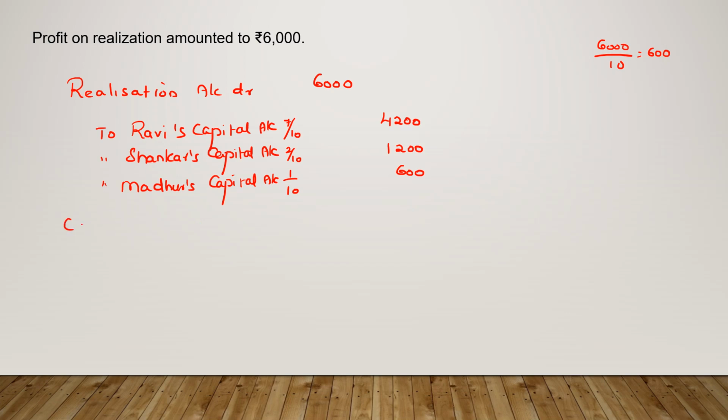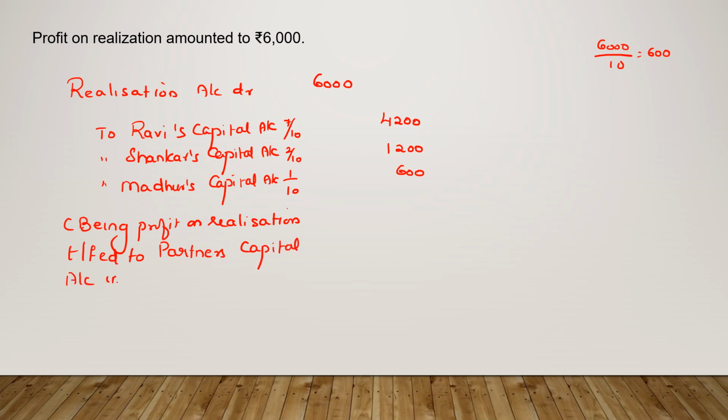So this is the way profit on realization is transferred to partners' capital account in profit sharing ratio.